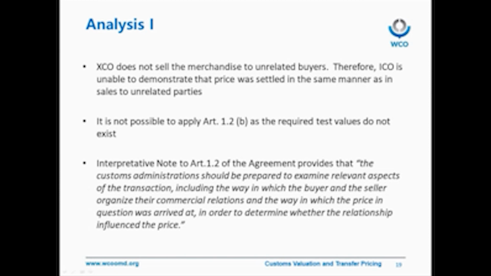When we come back to the agreement, it states that customs administrations should be prepared to examine relevant aspects of the transaction, including the way in which the buyer and the seller organize their commercial relations, and the way in which the price in question was arrived at, in order to determine whether the relationship influenced the price.